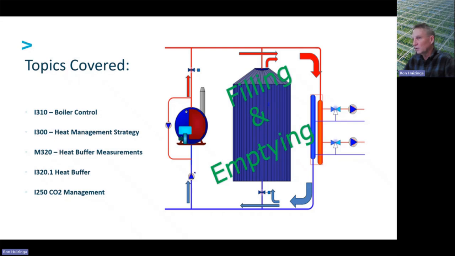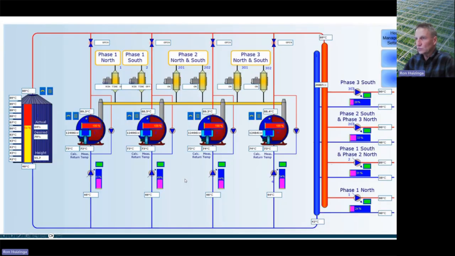Here's an example. I took a screen capture from a customer. This has 4 boilers, and the exhaust of the 4 boilers is linked together to CO2 fans. Then the CO2 fans will turn on and blow the exhaust to the greenhouse.